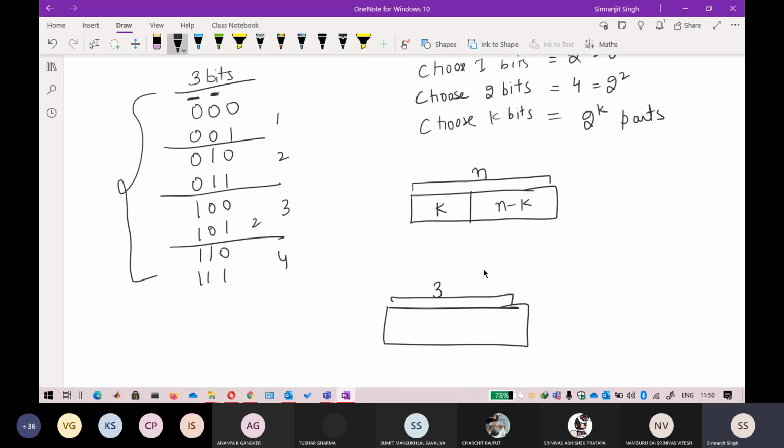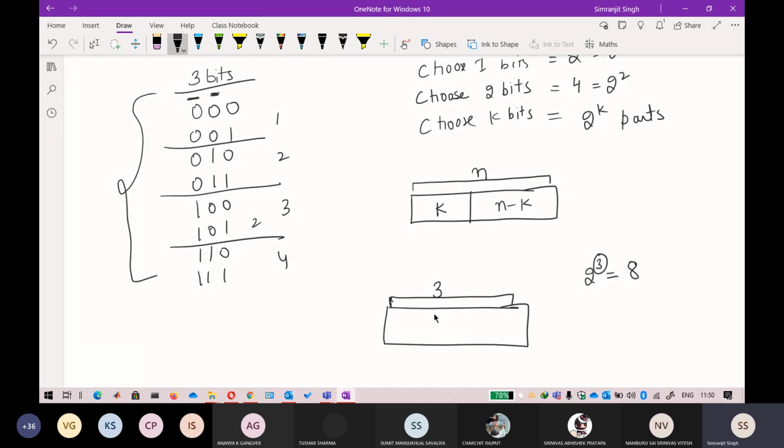If I write here 3 bits, it actually means that the total number of combinations contained in this space is 2 raised to power 3. 2 raised to power 3 means it contains 8 total combinations, but it is represented only by this part that is referred to as a bit field. So it is actually 3 bits.